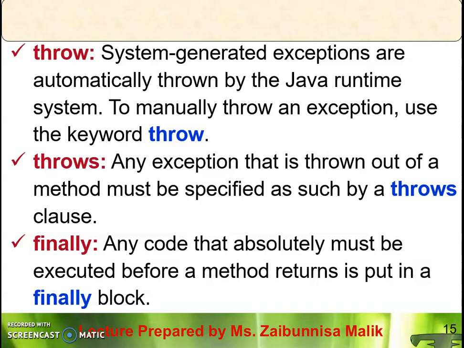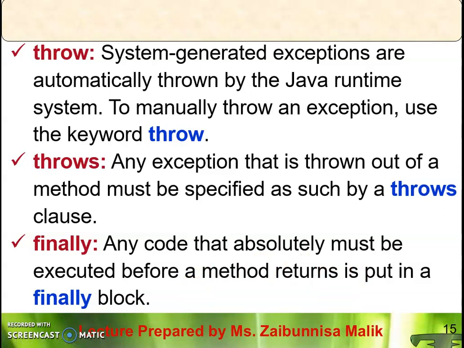And last, finally, is a block for any code that absolutely must be executed. Suppose there is an error, and after try and catch, I want some statement to be executed; that statement should be kept inside the finally block. So any code that absolutely must be executed before a method returns is put in a finally block.